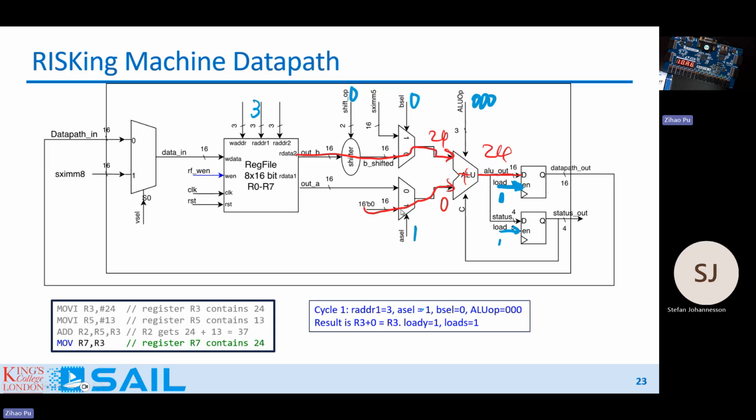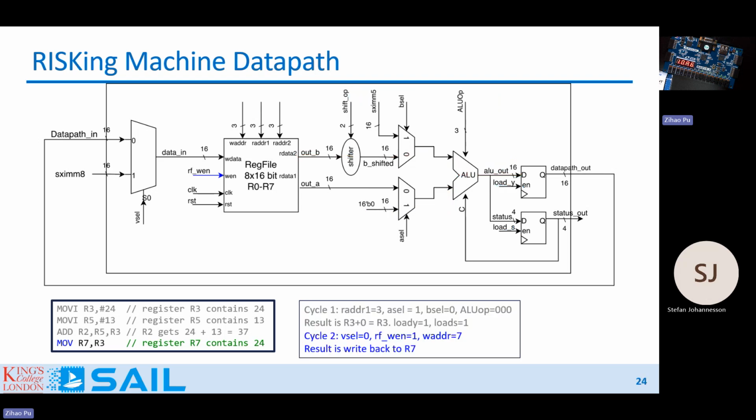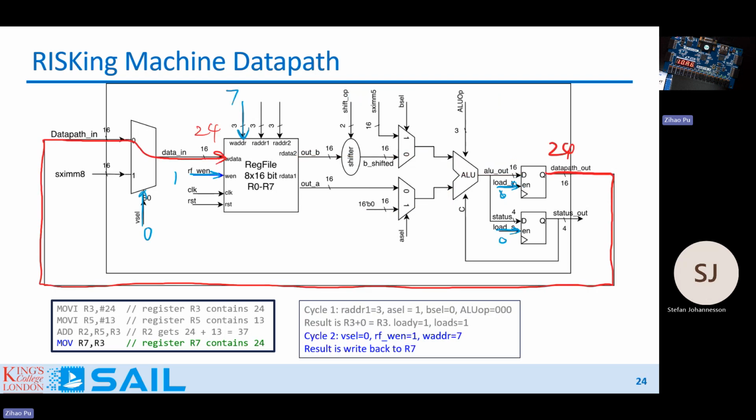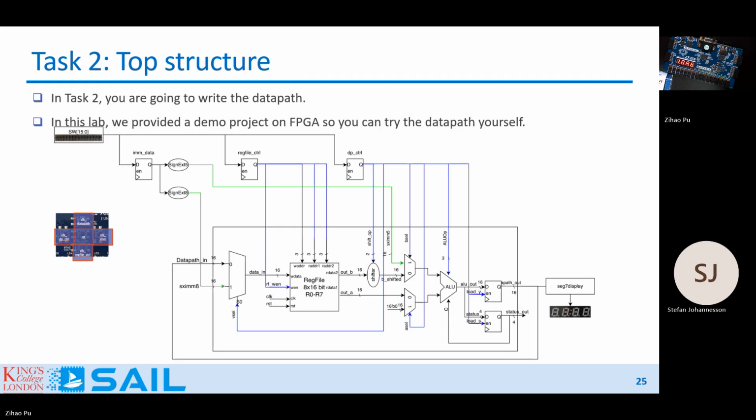So the A operand will be 0. So 24 add 0 is still 24. So you have the right data comes into the data path out. And in the second cycle, we just send the same data back to register 7. So this is the way you move the data in between the registers.